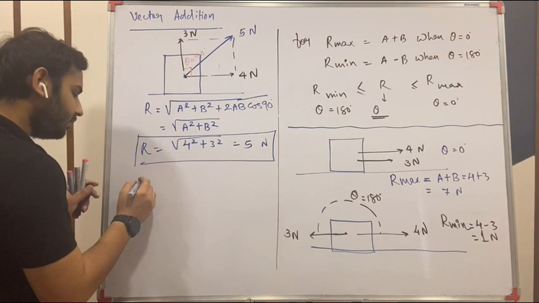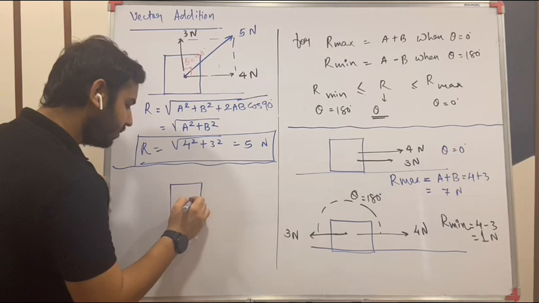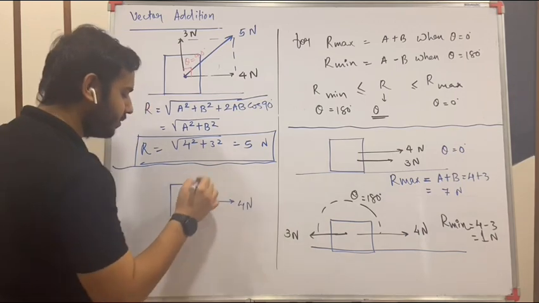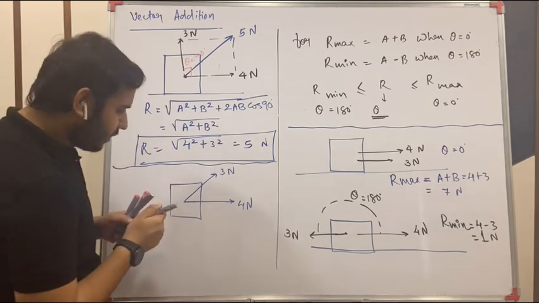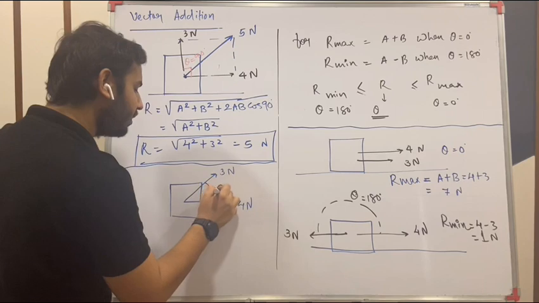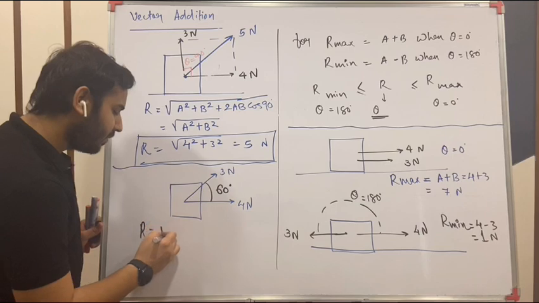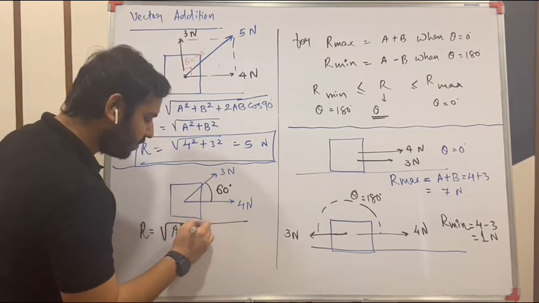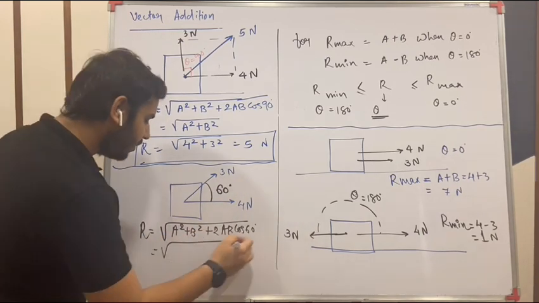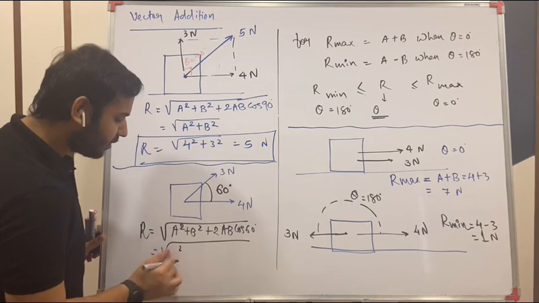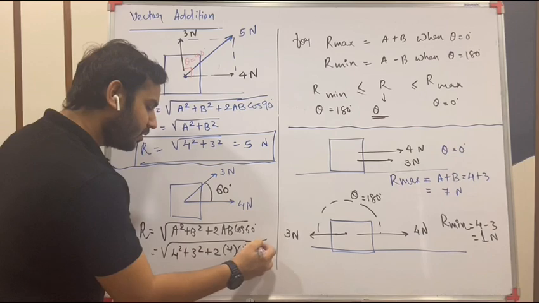One more case. This is 4 Newton and this is 3 Newton, and here theta is say 60 degrees. Your answer for R is the square root of A square plus B square plus 2AB cos 60. You can write 4 square plus 3 square plus 2 into 4 into 3 into cos 60, which is 1 by 2.